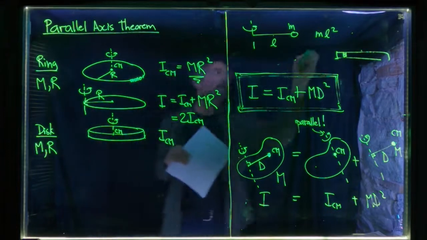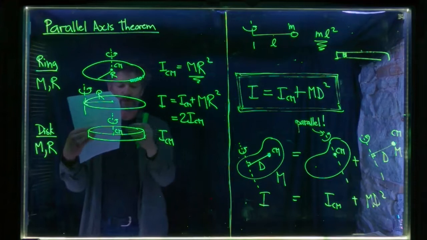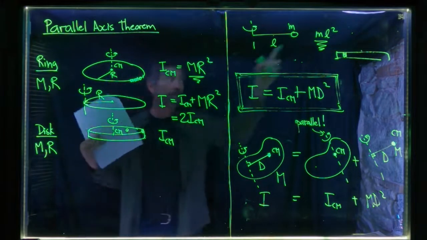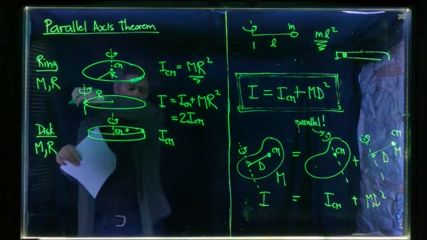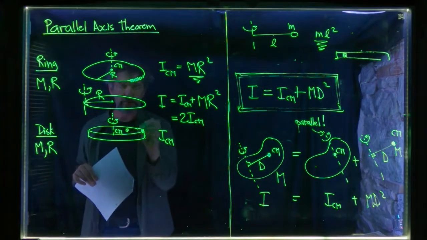And it's this m l squared that's super important. If you come only halfway in, compare the contribution of that mass to this mass, well, this mass is halfway in, so the distance is 1/2. 1/2 squared is a quarter. So this mass, if it's located here, it'll contribute like the ring.